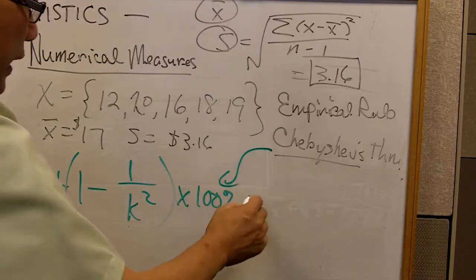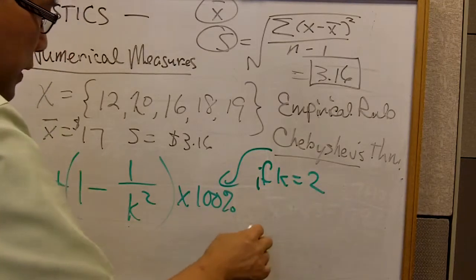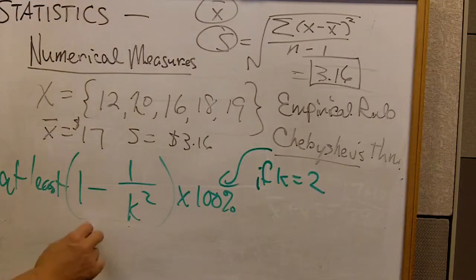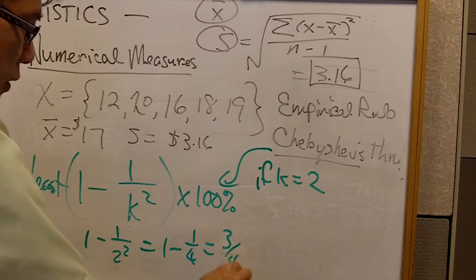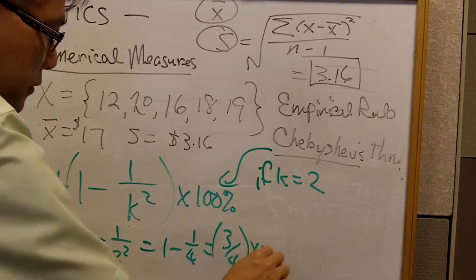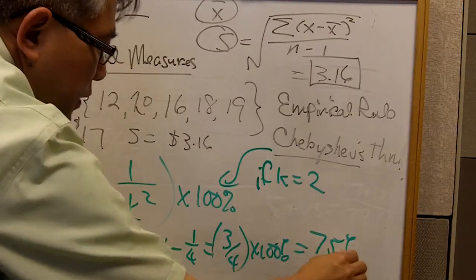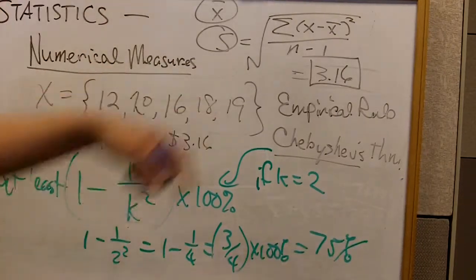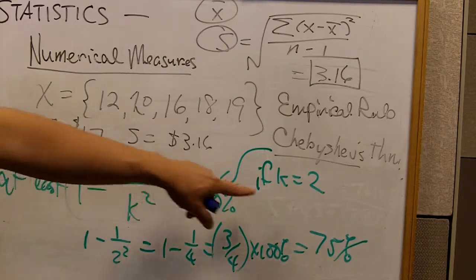So if k is equal to 2, then plugging into the equation, that would be 1 minus 1 over 2 squared, which is 1 minus 1 over 4, that is 3/4 times 100%, that would give us 75%. So the Chebyshev is saying that at least 75% of the values would be within 2 standard deviations.